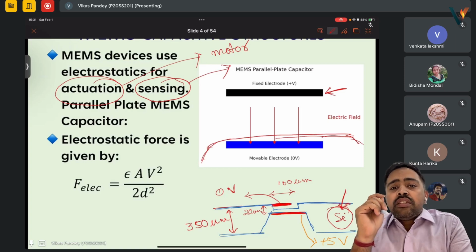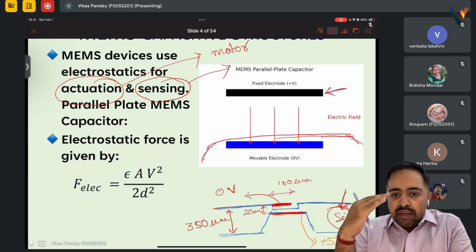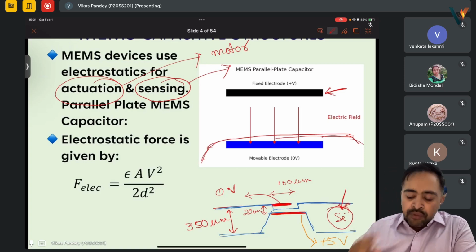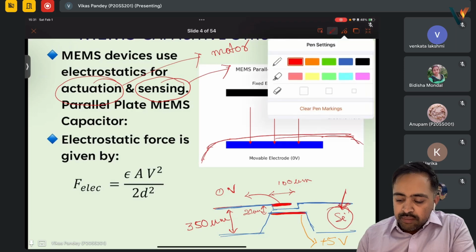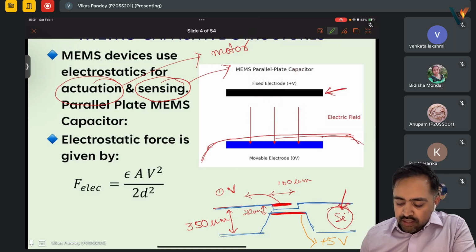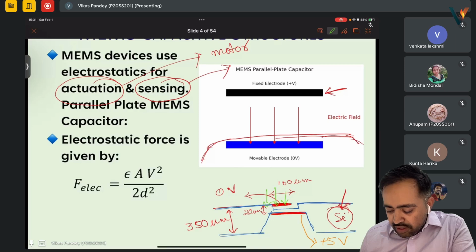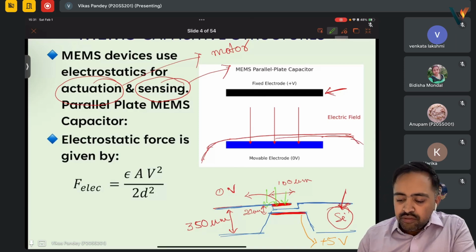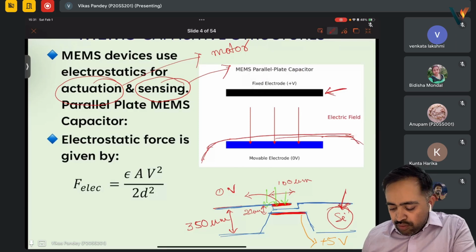In this structure, suppose we want to sense the pressure being applied on the top. Say this green one is the pressure that gets applied here. This structure will bend, this red structure will go down, and the distance d will decrease.